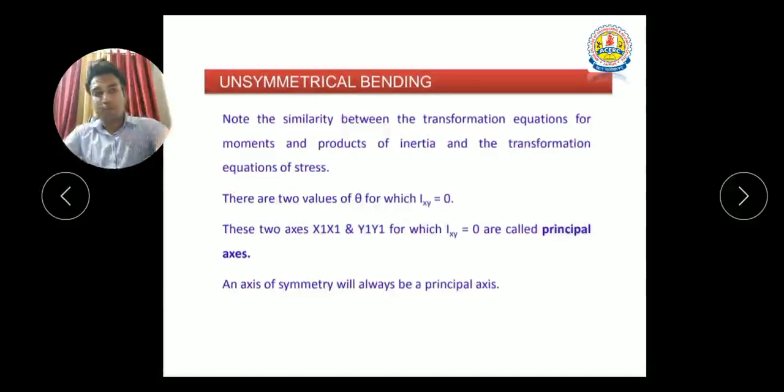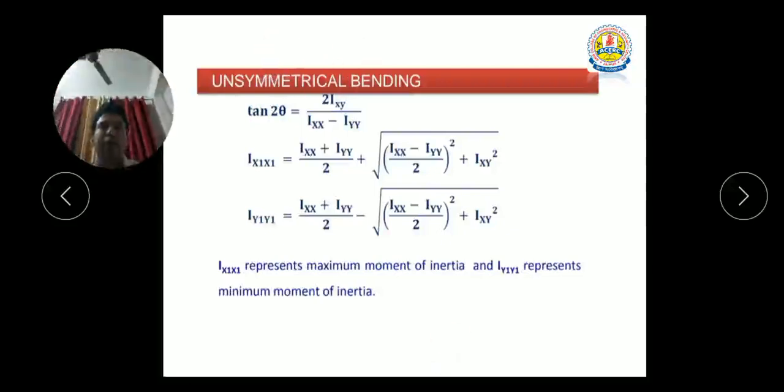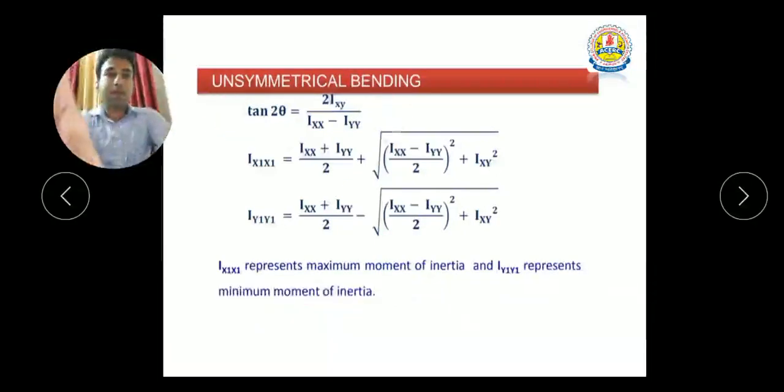We also derive from these transformation equations tan 2 theta equal to 2Ixy divided by (Ixx minus Iyy).